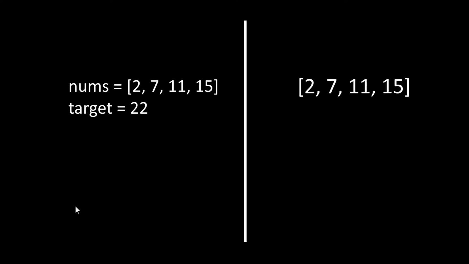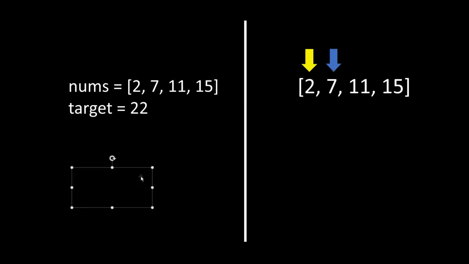Starting to think, can we devise an algorithm that could do that for us? Intuition would say we would need one for loop looping through to check if one number added up to the target, and you would need an inner for loop to check if both numbers would add up to the target. So that's exactly what we're going to do here.